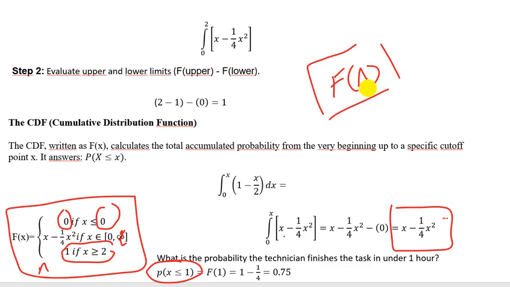We replace 1 here, and we get 1 minus 1 over 4 times 1, which is 1 over 4. We get 0.75. And what does this mean? It means that the probability that this technician finished the task under 1 hour is 75%.